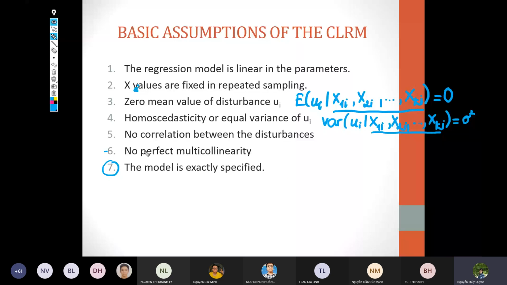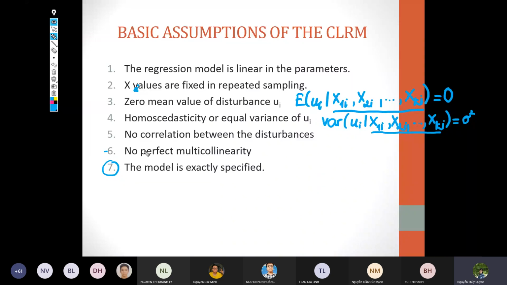That's why we do not have correlation between independent variables there. But for the multiple regression model, we have many independent variables, so there will arise correlation between them.